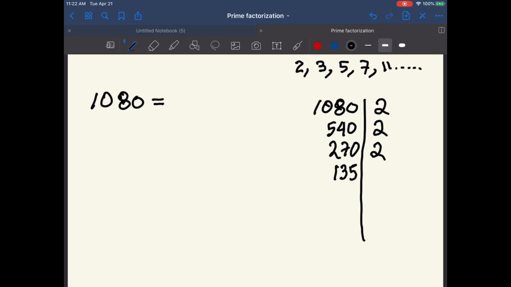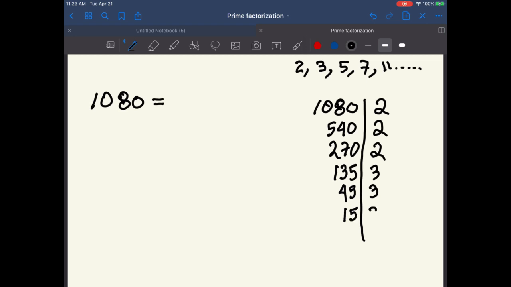Now, 135 is not divisible by 2. Then I need to know if it is divisible by 3, because 3 is the next prime number. How you do that is you add the digits: 5 and 3 is 8, plus 1 is 9, and 9 is divisible by 3. So this number is divisible by 3, and when you divide by 3 it is 45. Divide 45 by 3, it's 15.